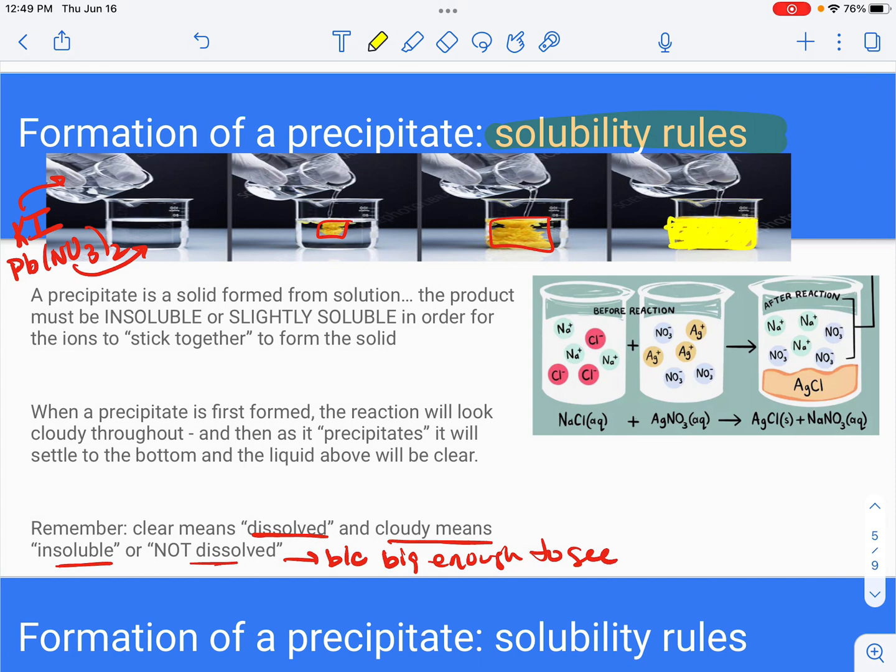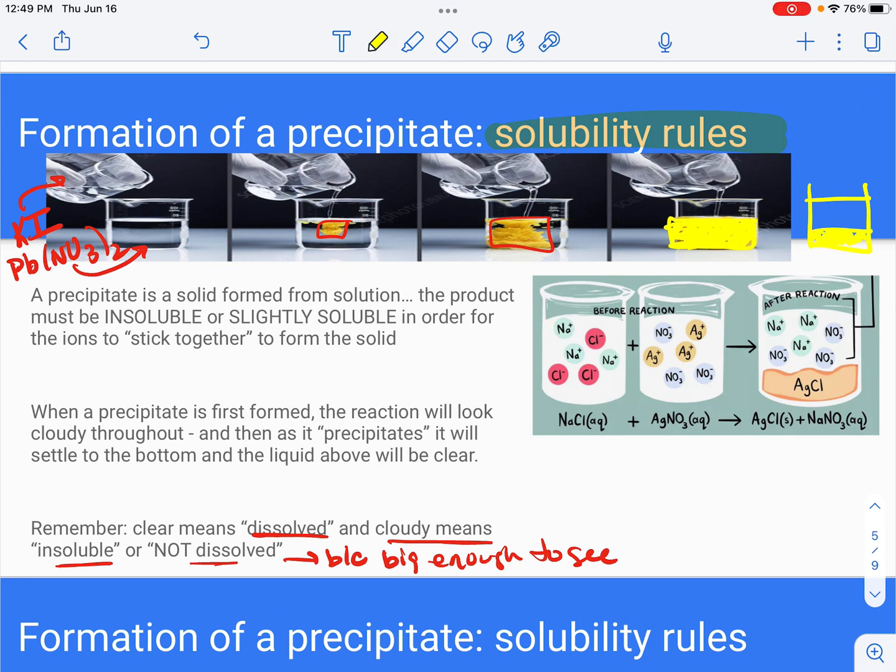All right, and then eventually when I let it sit, it would settle to the bottom and you'd have a clear colorless layer up above. This is why we call it a precipitate. And so it precipitates. Remember, we use precipitation in weather. It's things that fall from the sky. So you can picture that your precipitate is your solid that falls out of the liquid of solution.